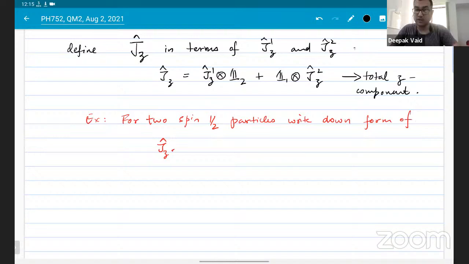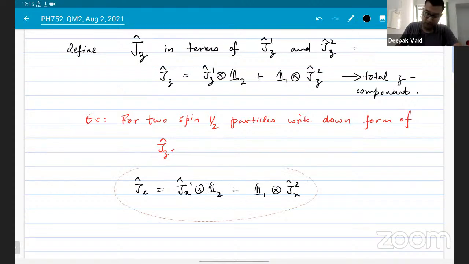What other operators can I define? I can define the total X component in exactly the same way, and I can define the total Y component.